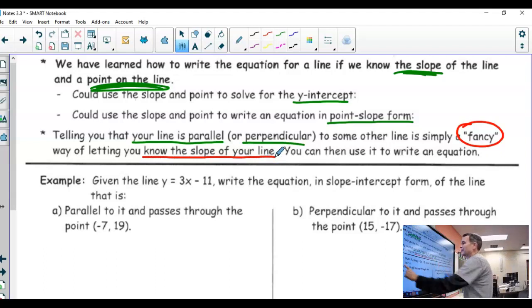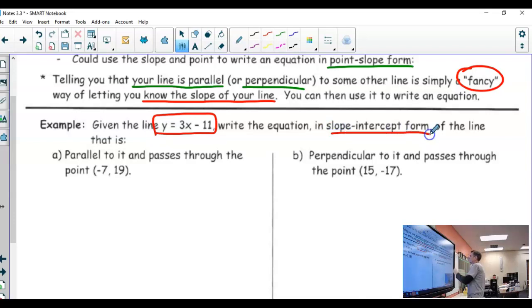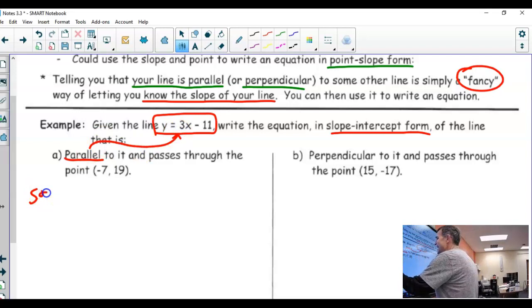Let me do an example. That's a little confusing probably for you. So given that we have a line, y equals 3x minus 11, we want to write an equation in slope-intercept form of the line that is parallel to it. All right, so part A, the fact that my line is parallel to this line simply means that it has the same slope.